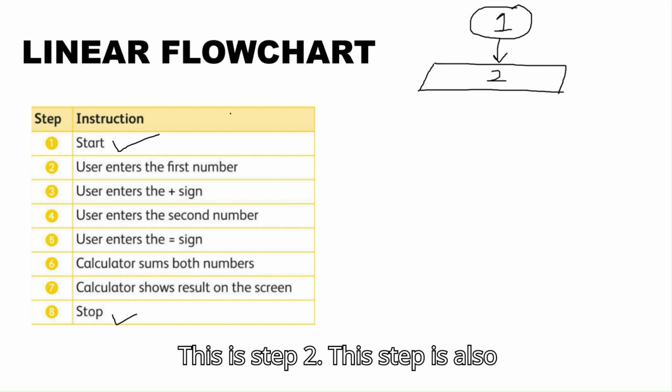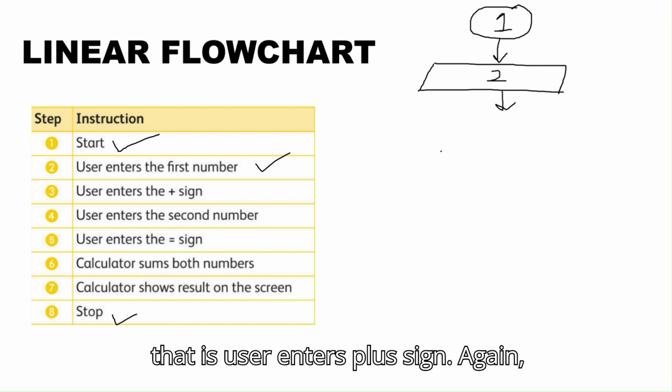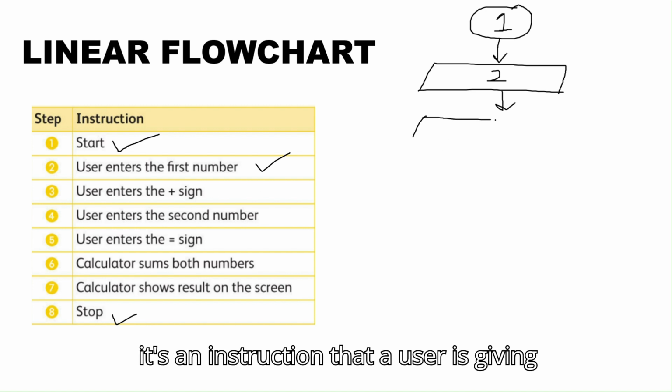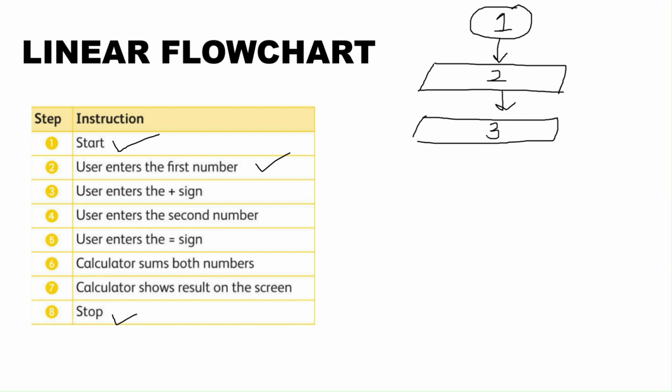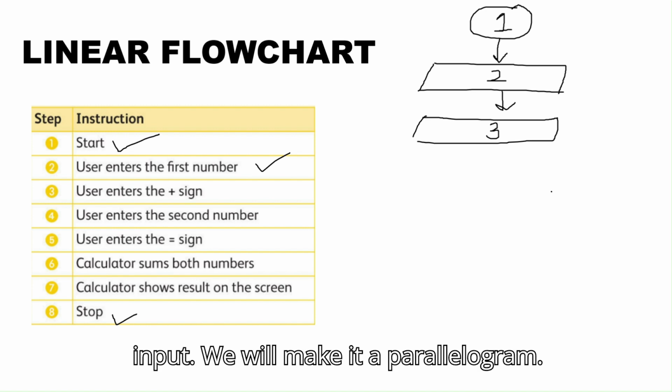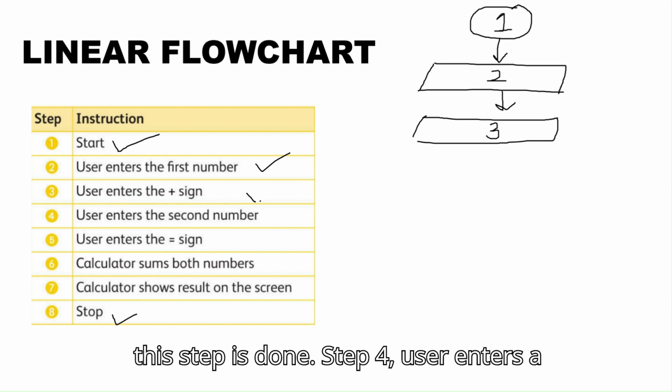This is step 2. This step is also done. Now let's come to step 3, that is user enters plus sign. Again, it's an instruction that a user is giving to the calculator. Again, this is an input, so we'll make it a parallelogram. Now again, this step is done.